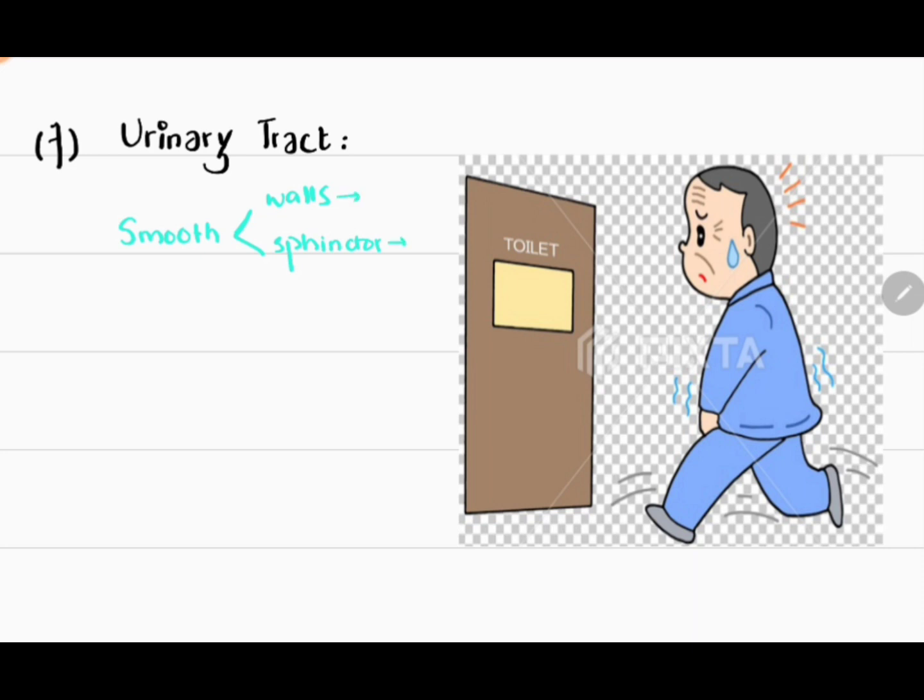What usually happens is that when the parasympathetic nervous system is activated, the walls are contracted and the sphincters are relaxed. When we give an anticholinergic drug, an opposite effect is seen. The walls are relaxed and the sphincter is contracted. So atropine and other antimuscarinic drugs have been used to provide symptomatic relief in the treatment of urinary urgency.